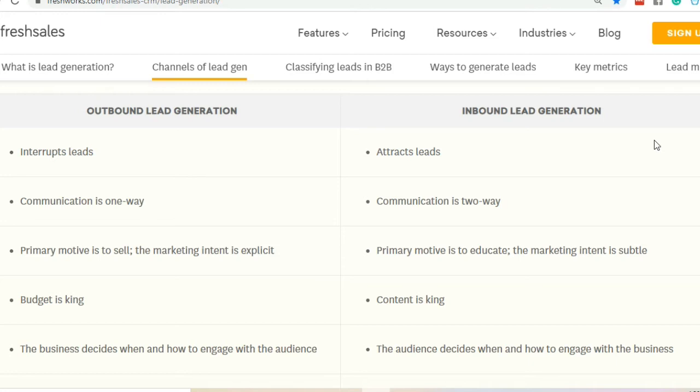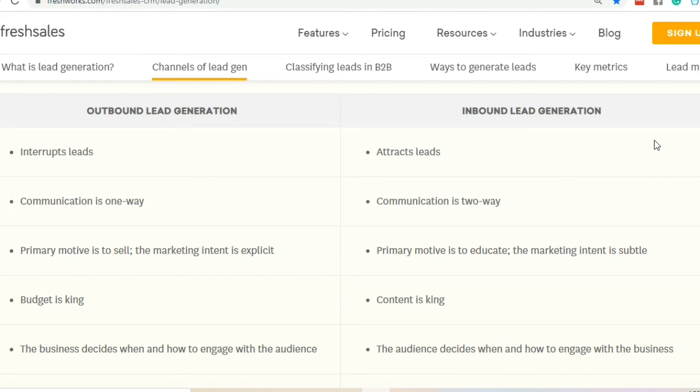For outbound lead generation, usually it interrupts leads. A perfect example of this is when you're browsing Facebook and suddenly you will see in your news feed that you have a sponsored ad for a resort or a place that you've never been to or you've never heard of. So you were interrupted in your browsing in your timeline, right? You were a lead for that sponsored ad.